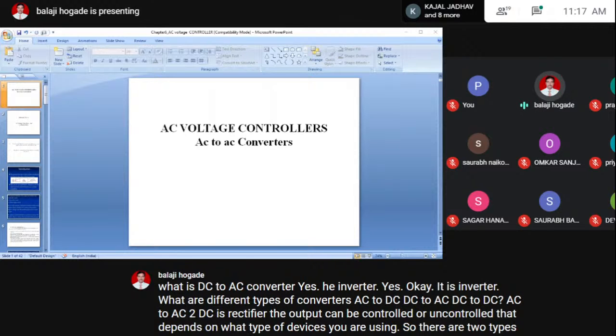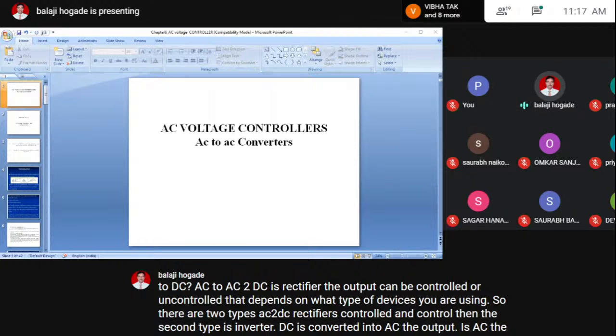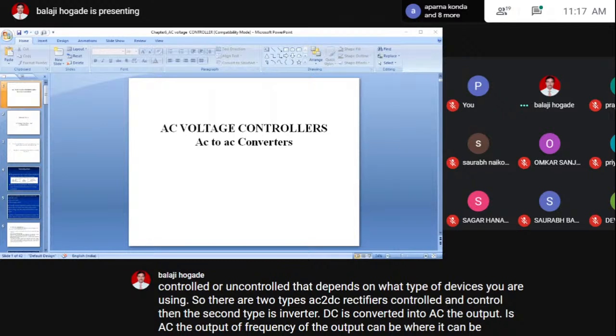Then the second type is inverters. DC is converted into AC. The frequency of the output can be varied and controlled, and the voltage also can be varied.